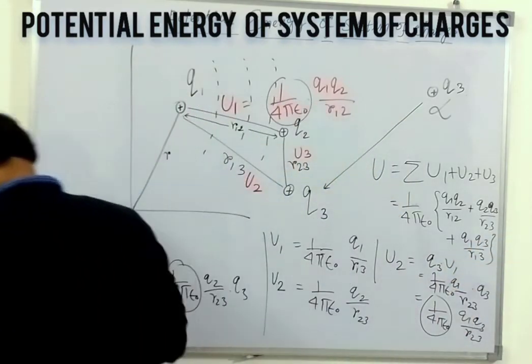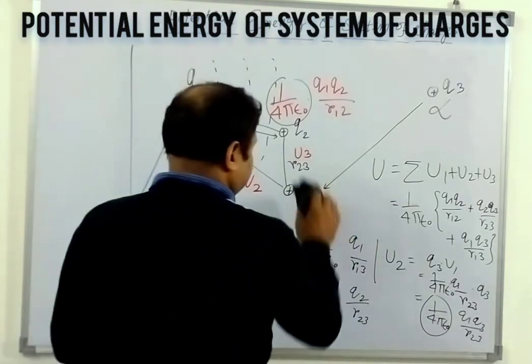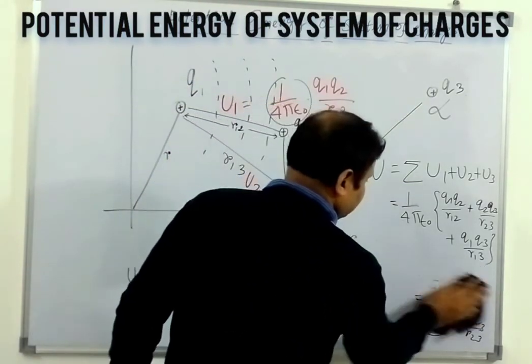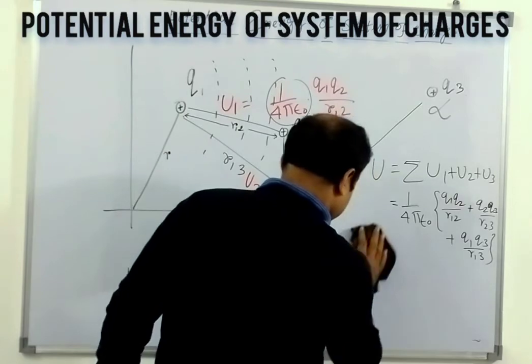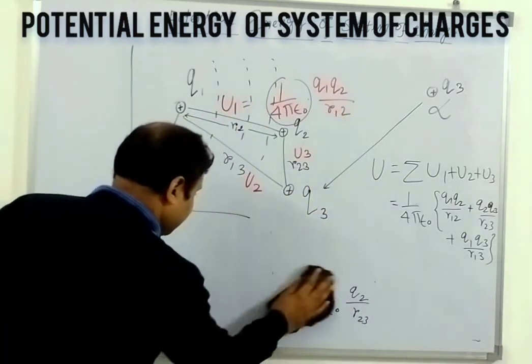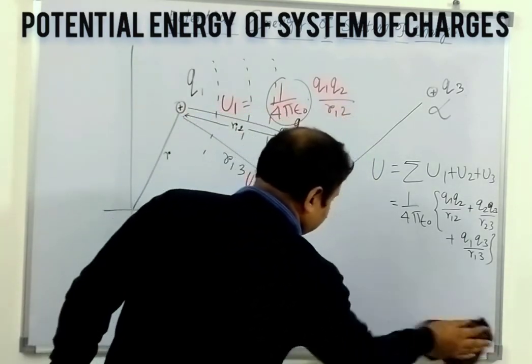So this will be the total energy gained by this configuration due to the internal potential against each other.